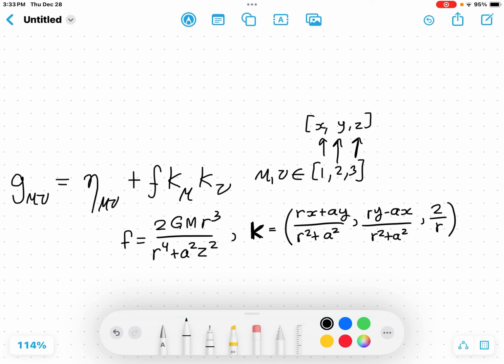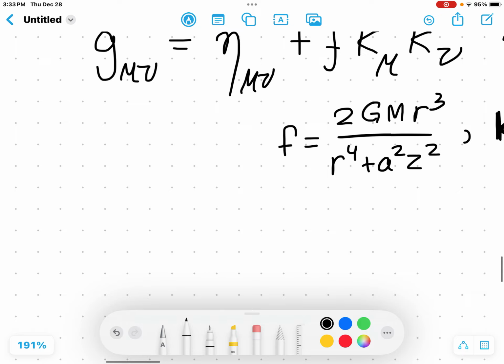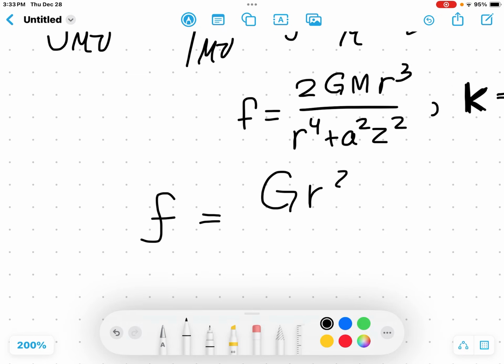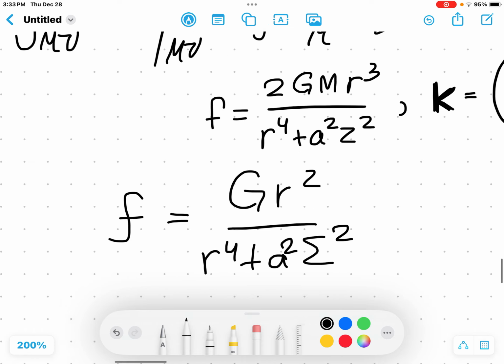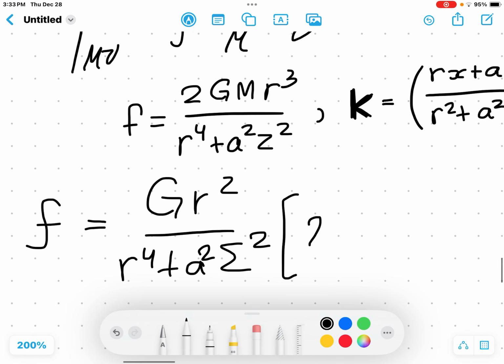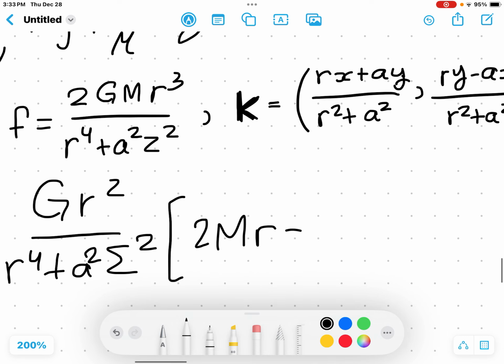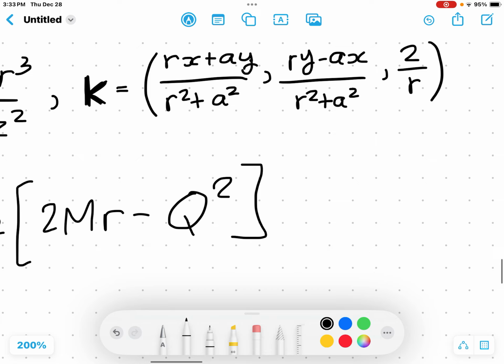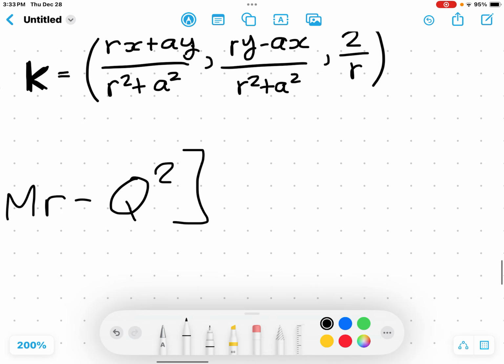Alright. And of course we're also considering charge here. So when we consider charge and say that F is equal to g r squared over r to the 4th plus a squared sigma squared times 2mr minus q squared, for q the charge, my metric becomes the Kerr-Newman metric.